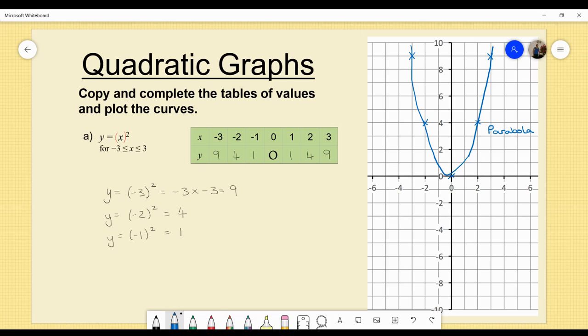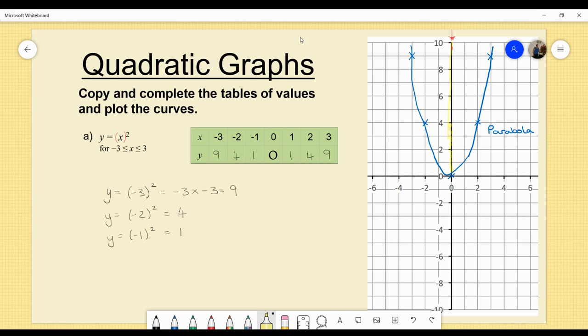All quadratic graphs will have a line of symmetry. Hopefully for this one, you can see the line of symmetry is actually this line here. I'm going to use the highlighter on this one, just so that you can see a little bit clearer. This would be my line of symmetry going down here, which is in fact on my y-axis.